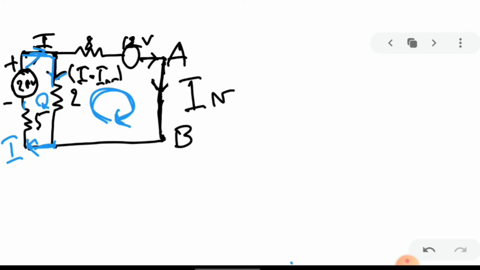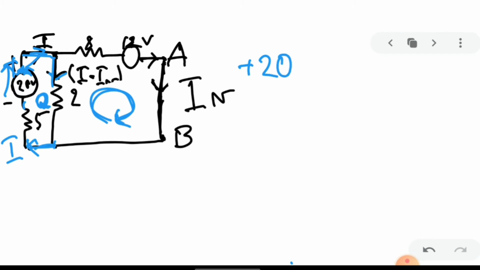We assume the loop in the clockwise direction, and the loop goes out from the plus side of the voltage, so it is plus 20.